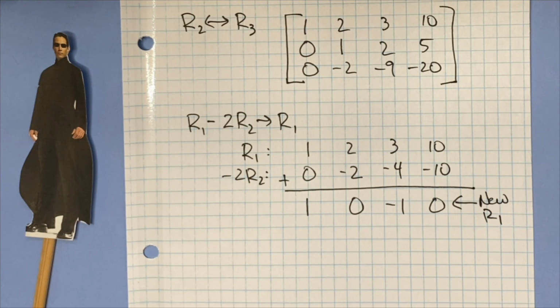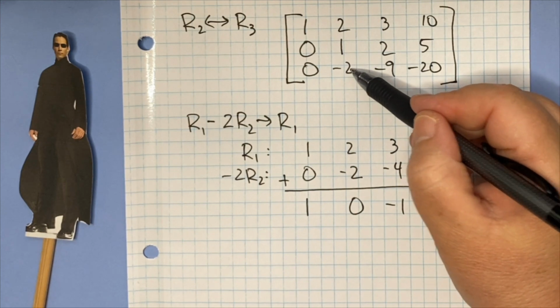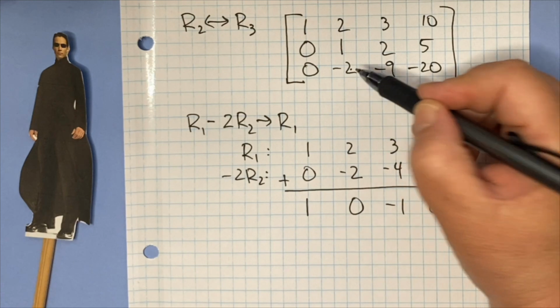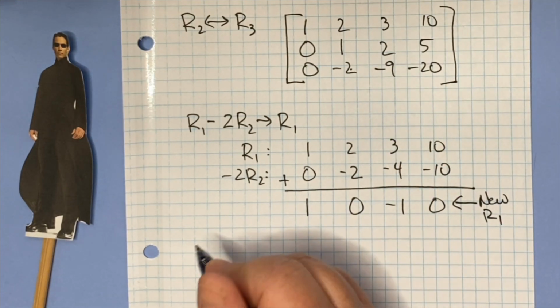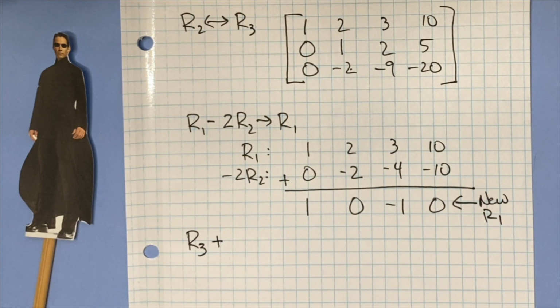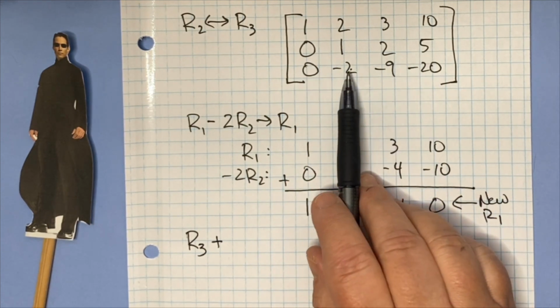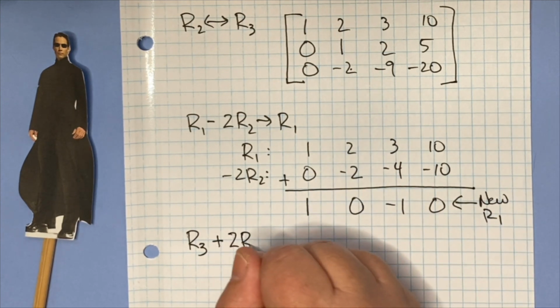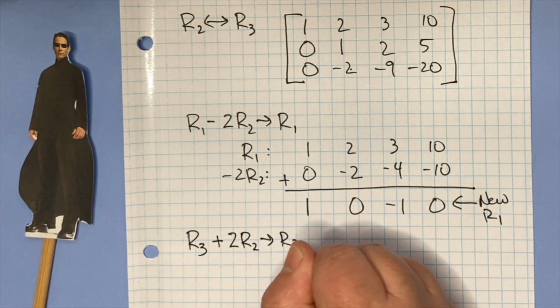And you know what? I'm feeling frisky, so I'm going to go ahead and fix this one as well. I'm going to fix row 3 by taking row 3 plus, and you guys look at that, tell me what do I have to multiply row 2 by to cancel out this -2? 2, you got it. So 2 row 2 and put that back in row 3.